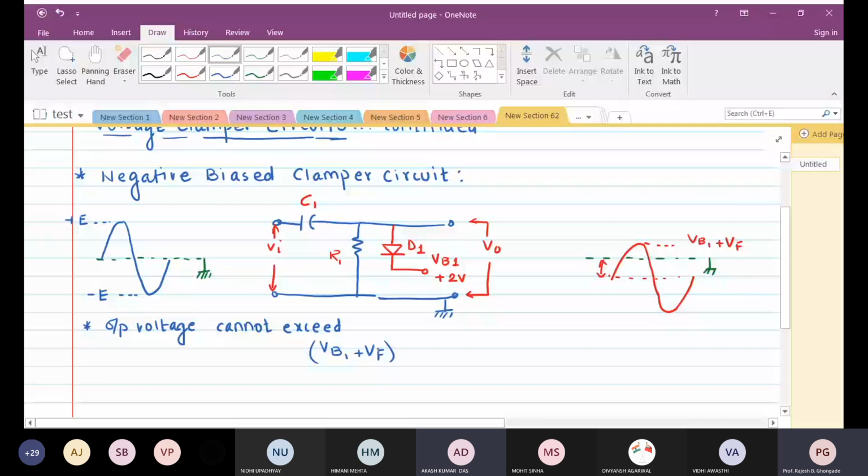First of all, please remember that again this capacitor will be charged in this particular fashion. And now since we have the biasing voltage also associated with this, you will not be able to have an output voltage which is greater than VB1 plus VF. This is VB1, this is VF. So obviously the output voltage cannot exceed that.